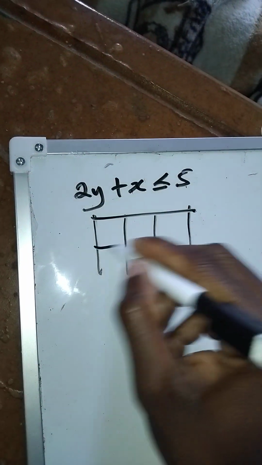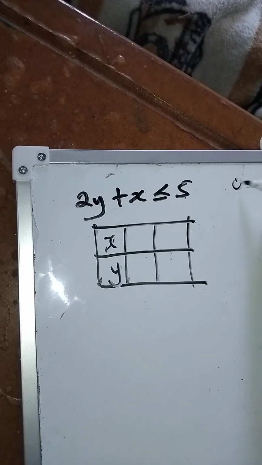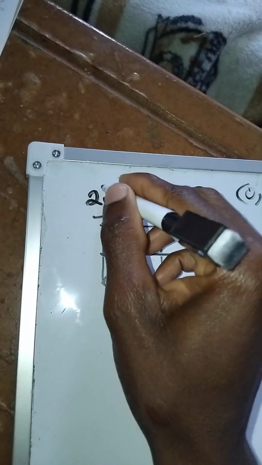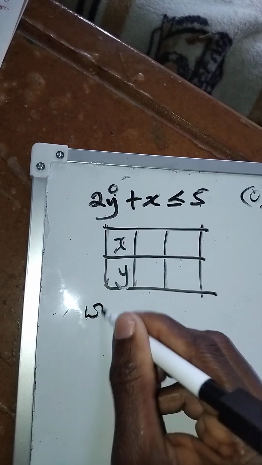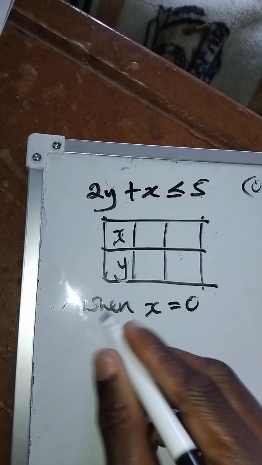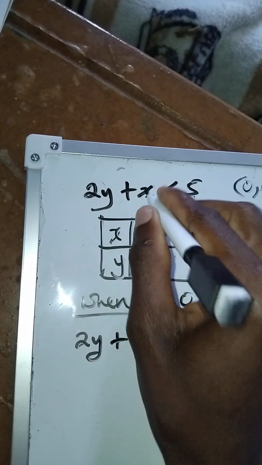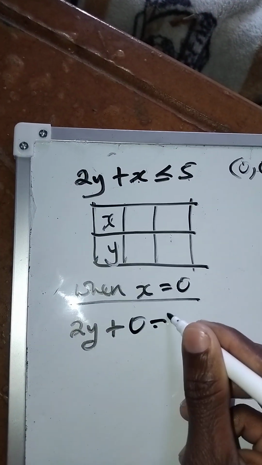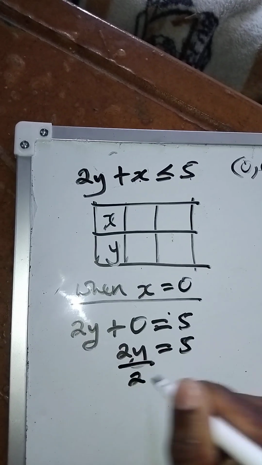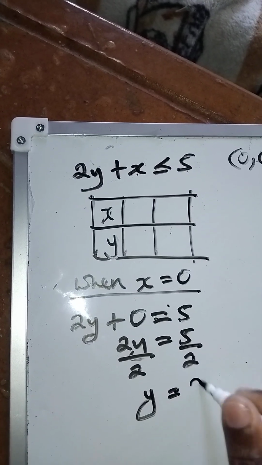When x is 0, 2y is equal to 5, divide both sides by 2, so y is equal to 2.5.